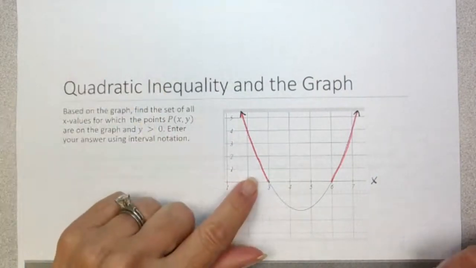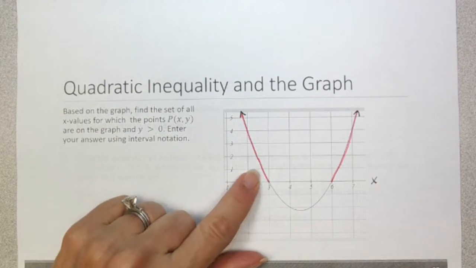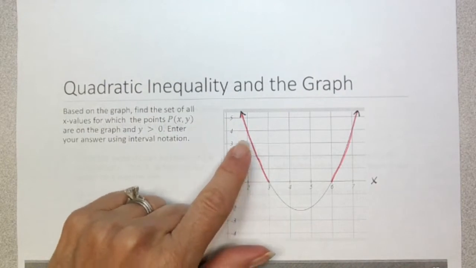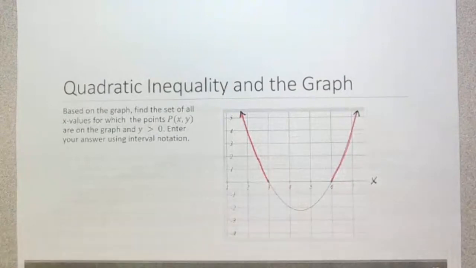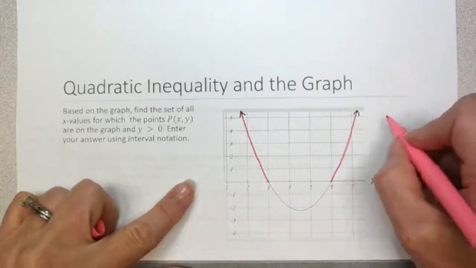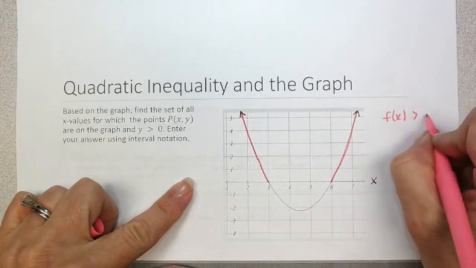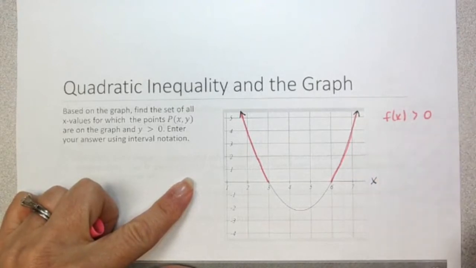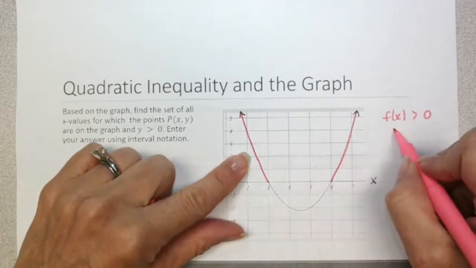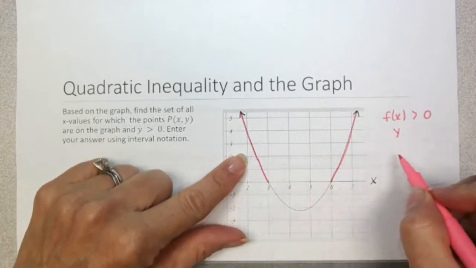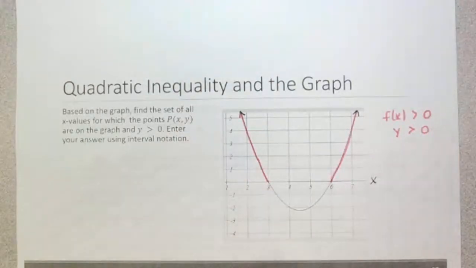And because the outputs of a function refer to the y coordinates of any point on the graph of that function, everywhere that this graph is pink, the function itself, f of x, or the output of that function, is greater than 0, okay? And also all the y coordinates of any points on the graph of that function are going to be greater than 0.